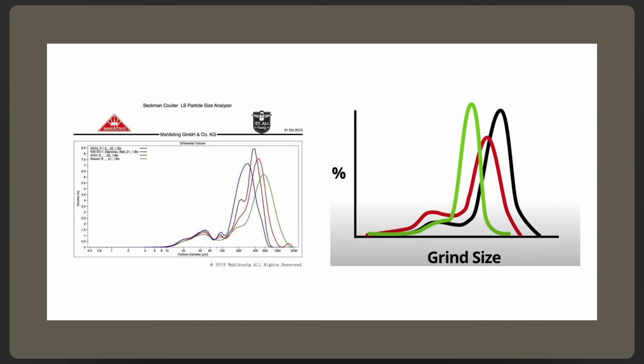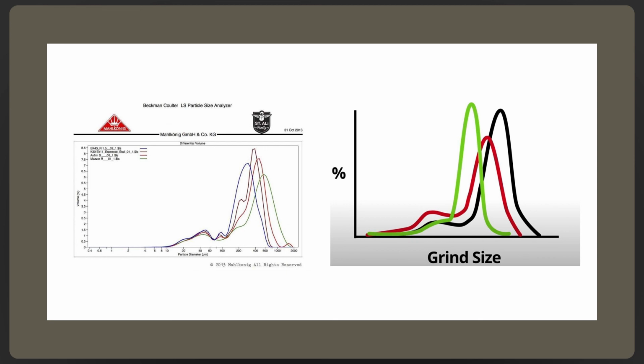We get distributions that look a little bit different. For example, the green peak on the right side is pretty unimodal. It's mostly in that one peak. But if you look at the red on that right side, we have almost two peaks: a smaller peak in the finer direction, and a larger peak in the coarser direction.